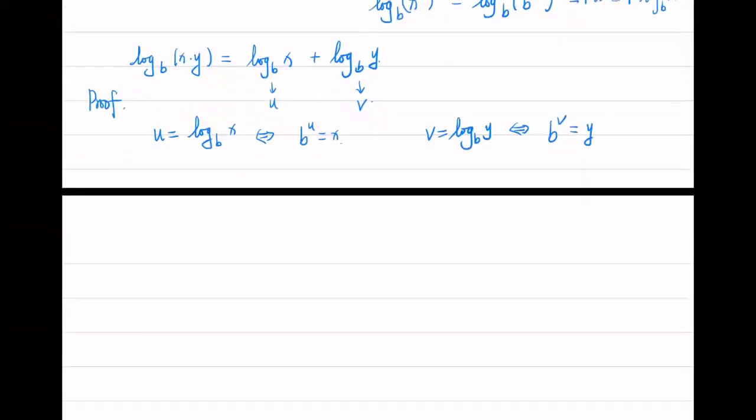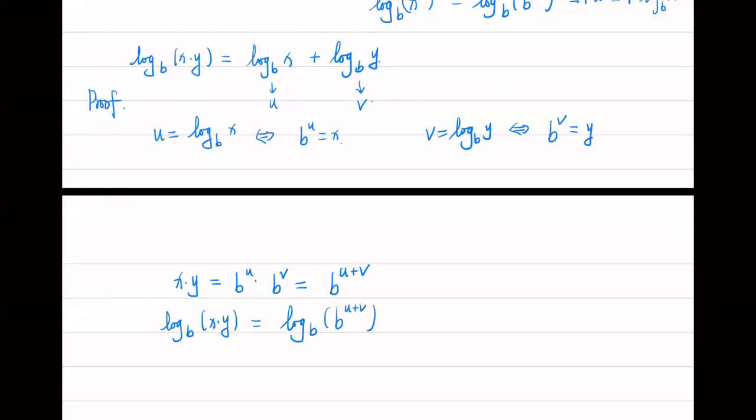Now let's see what is xy. xy will be b to the u, b to the v. We apply the laws of exponent, b to the u plus v. Then we take a logarithm. We plug in.